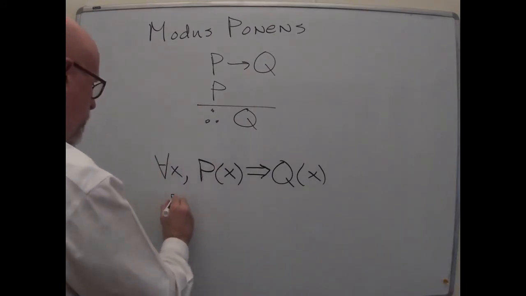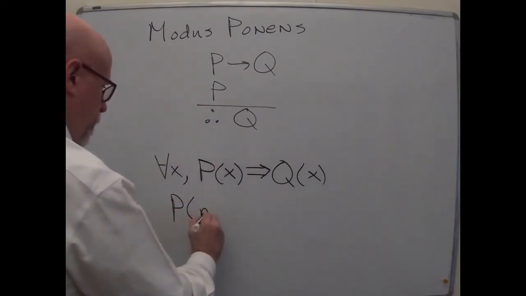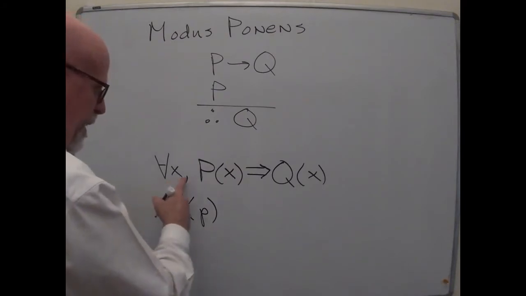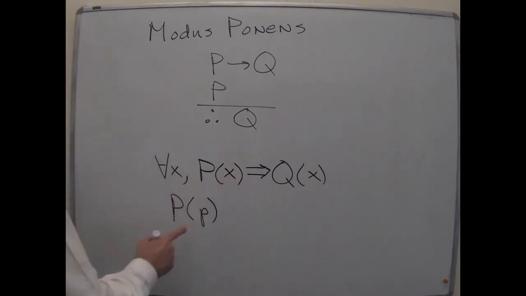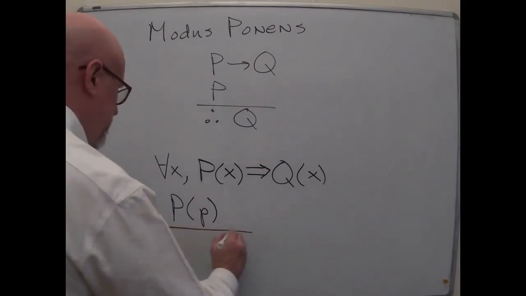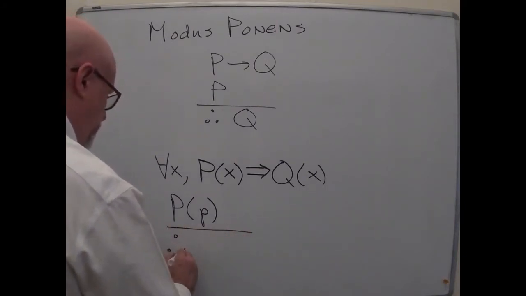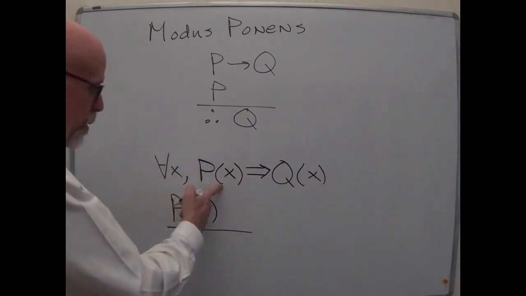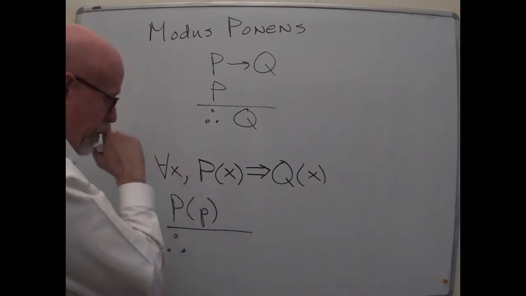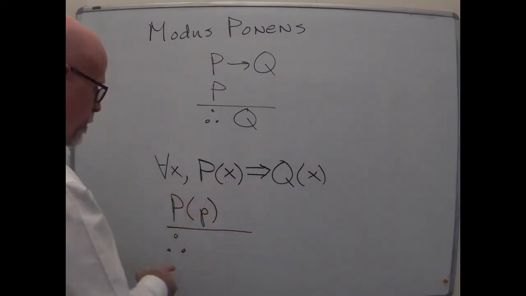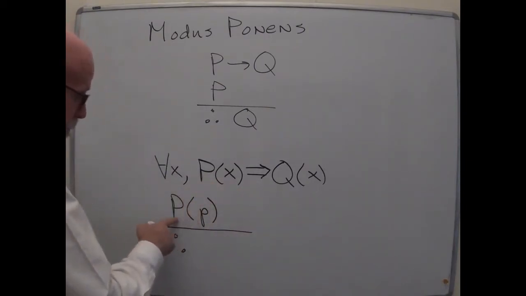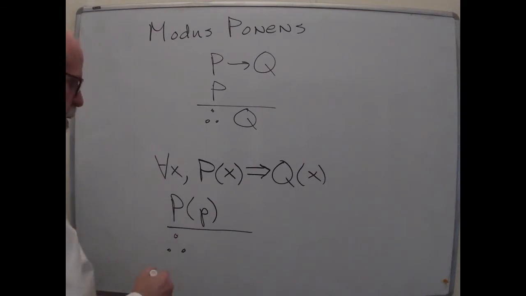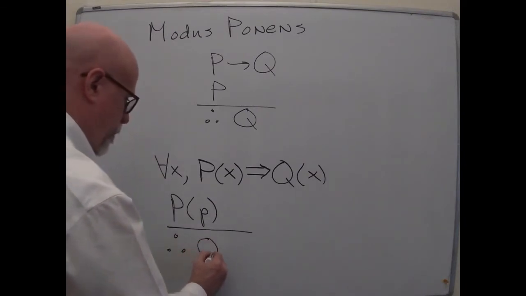You'll then have P for some particular element of the universe. Not x, which is ranging over everything, but some particular guy, P. And what will you conclude from that? Everything, if P is true of it, out of all things in this universe, if P is true, it forces Q to be true. And we know that P is true for this particular thing. Well, Q is going to be true for that particular thing too.